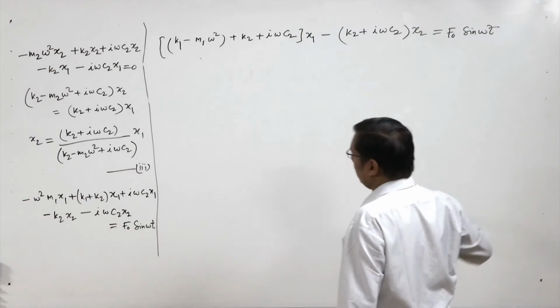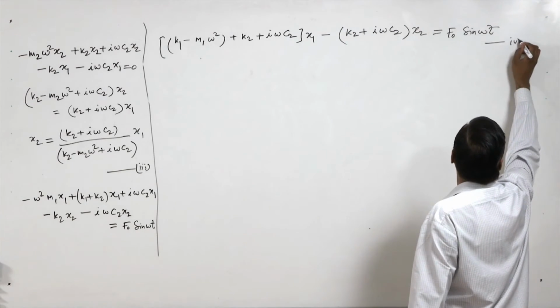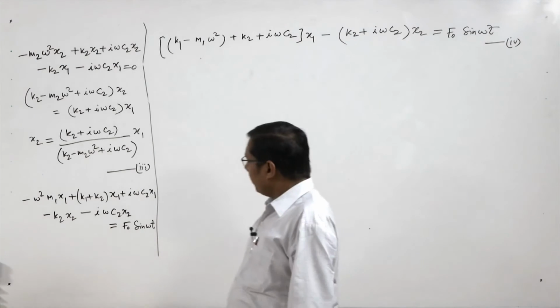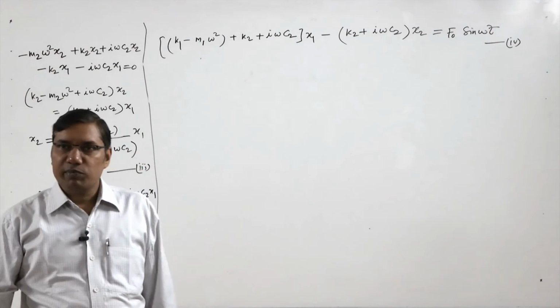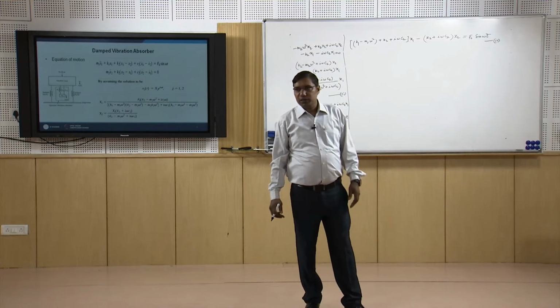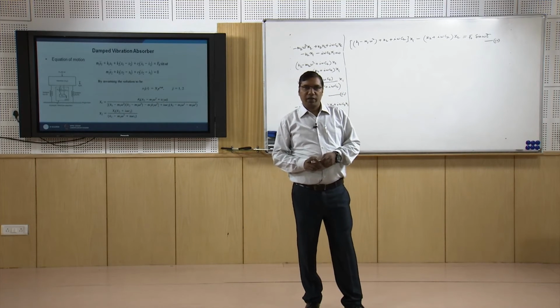So this is equation number 4. Now we can solve these two equations because they have the unknowns x1 and x2.